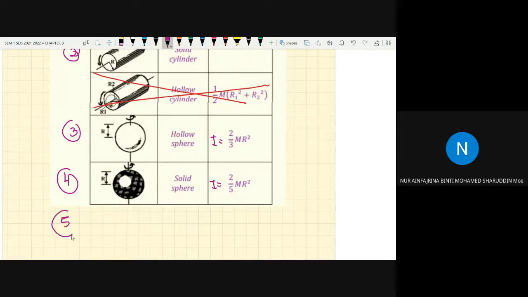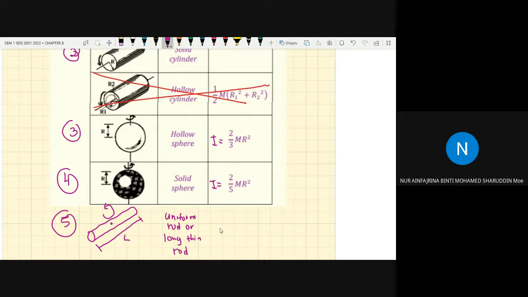Okay, for number 5, there is one more that Miss missed. It is a uniform rod. So you just draw a uniform rod. And here is its rotation axis. And it will have length L. So this is called a uniform rod, or long thin rod.